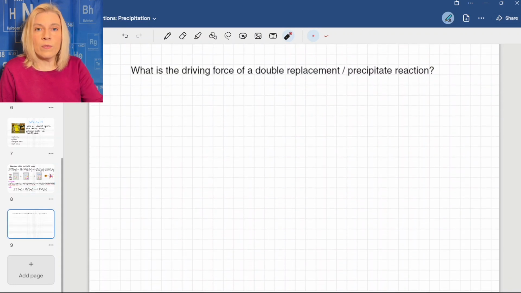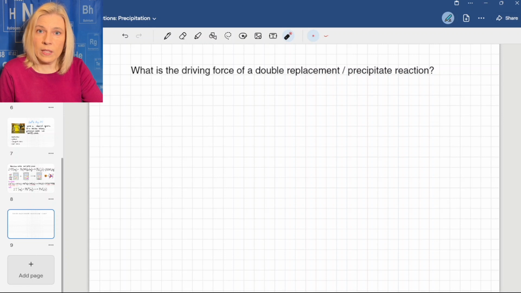So the very, very last thing, what is the driving force of a double replacement precipitate reaction? In a previous video, we wrote 4 things which are the driving forces. They can be formation of a solid, formation of a liquid, formation of a gas, or transfer of electrons.